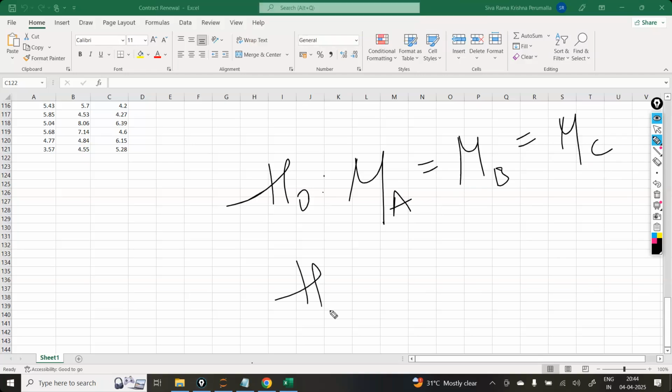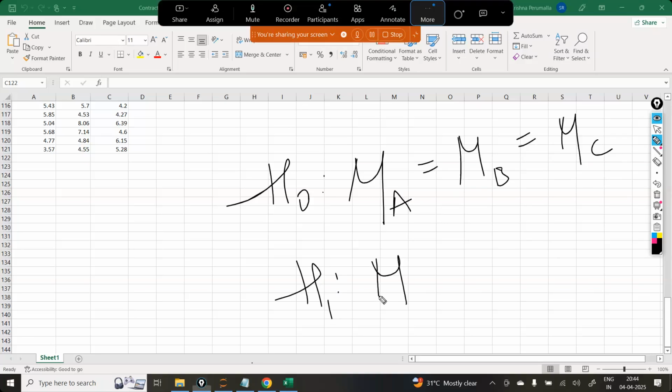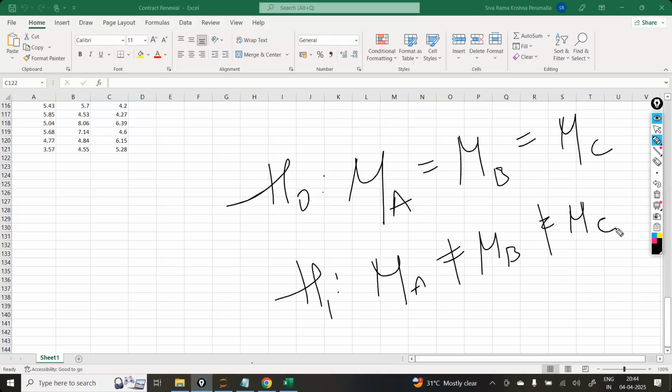Now, the alternate hypothesis says that there is a difference. They are not the same. Averages are not the same, versus averages are the same. Is the point clear, everyone? Yes or no? This is step number 1.